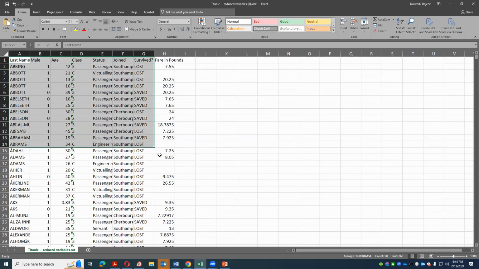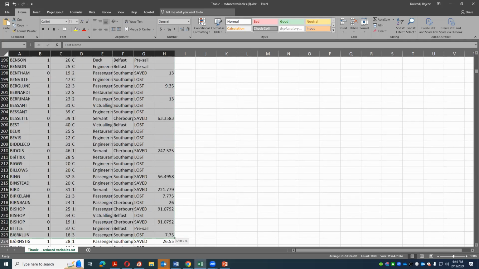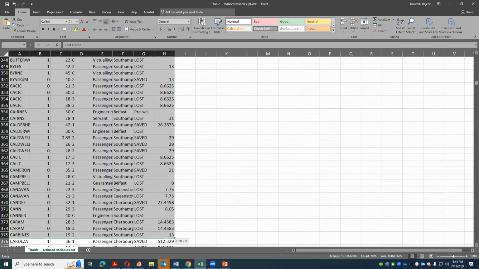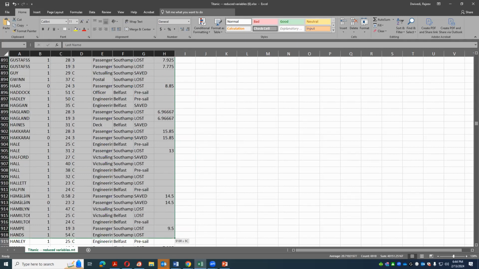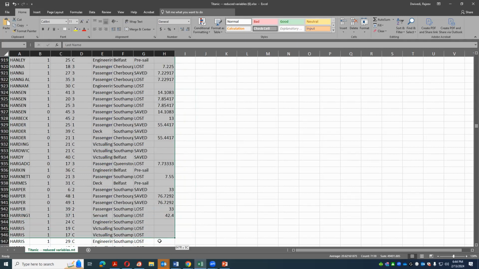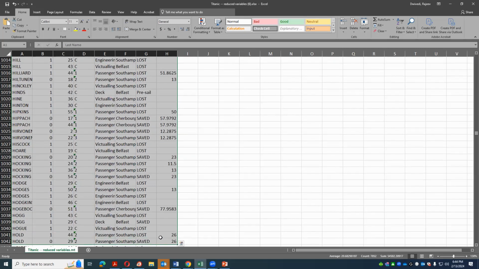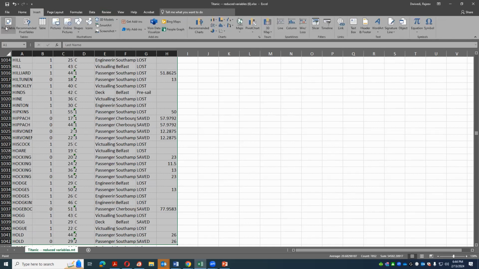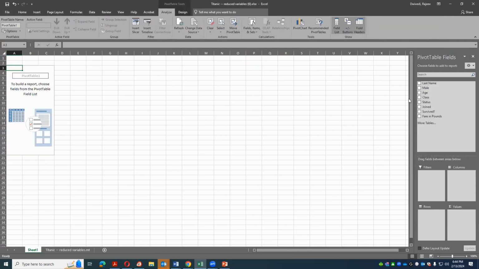So I select and make a pivot table out of it. There are 2,478 data points, and I'm just selecting roughly 1,000. I go under insert, pivot table, use new worksheet, and okay.